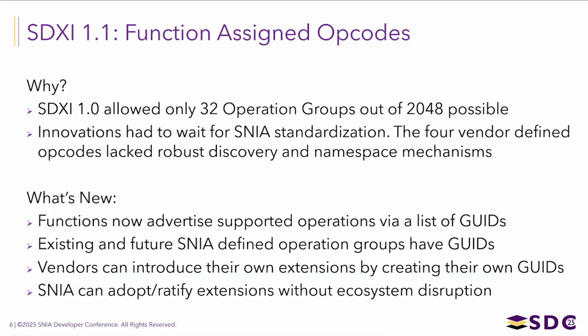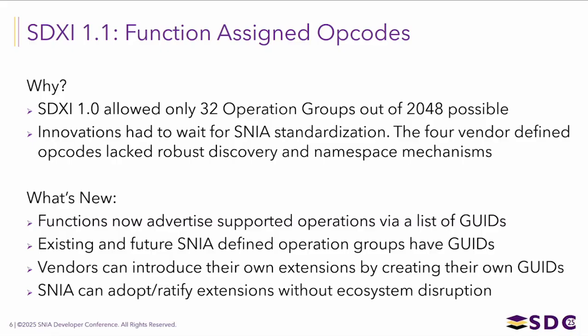Let me give you a little background about how SDXI opcodes work. Like I showed earlier, the different opcodes are broken into the type and subtype fields. We've organized the operations into what we call operation groups. An operation group is a set of related commands that share the same opcode type field. They are discovered as a group, so either the whole group is present or the whole group is not present.